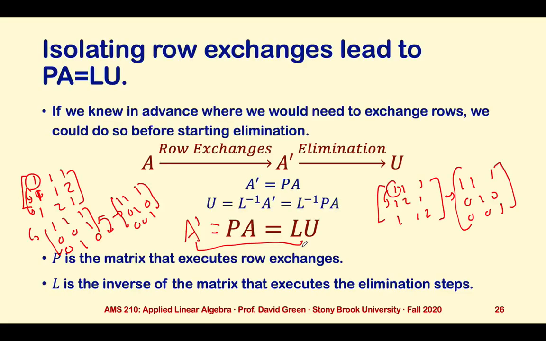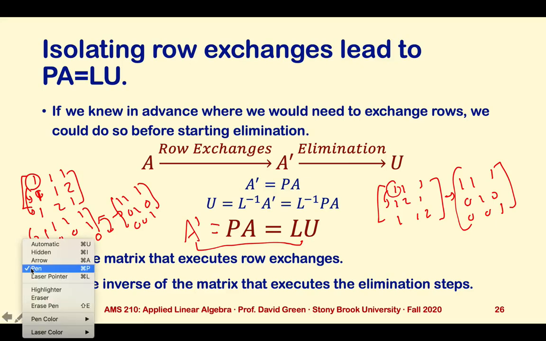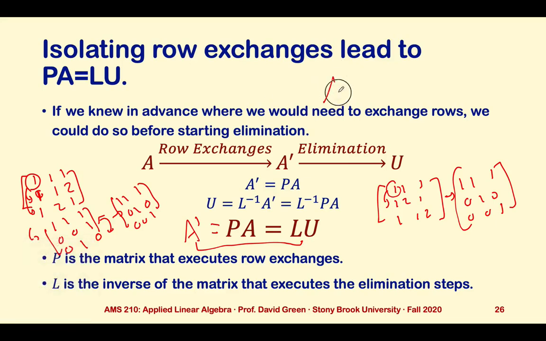Okay. That wraps up our derivation of the LU decomposition. We see that in this special case where we don't need row exchanges, which actually is quite common, we can purely write a matrix as A equals LU. And in the more general case where we may need row exchanges, we can always precondition our matrix with a permutation matrix and then apply exactly the same approach.